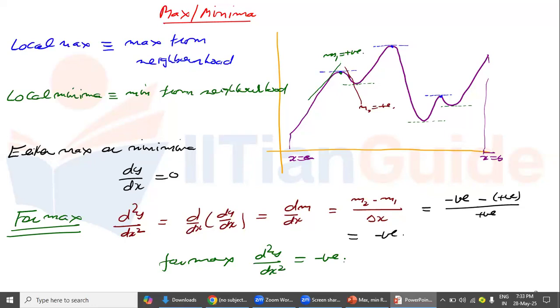And for the minima, we can go the same way. I'm taking this point. This is the minimum. I will draw a tangent to the left of it and get slope m1, which will be negative. I will draw a tangent on the right of it and get slope m2, which will be positive.